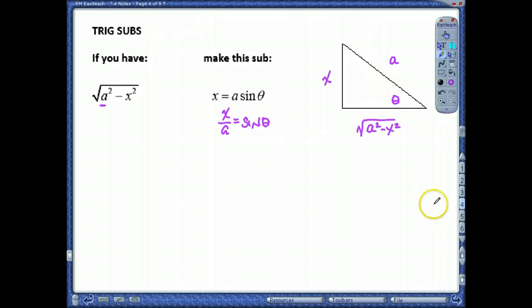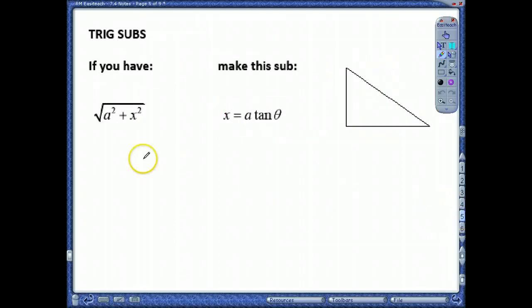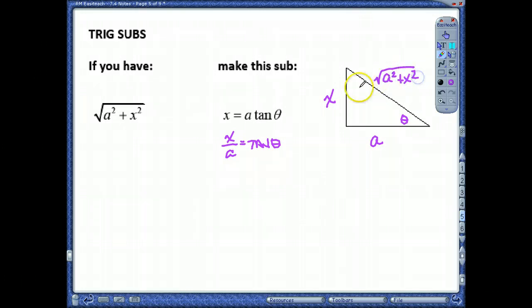If we have something that looks like a number plus a variable squared, that looks like tangent. Same thing: we let x equal a times tangent theta. Solving for our trig function, tangent is equal to x over a. So if this is my theta, it's opposite over adjacent, and wouldn't you know, the missing side is the square root of a squared plus x squared.